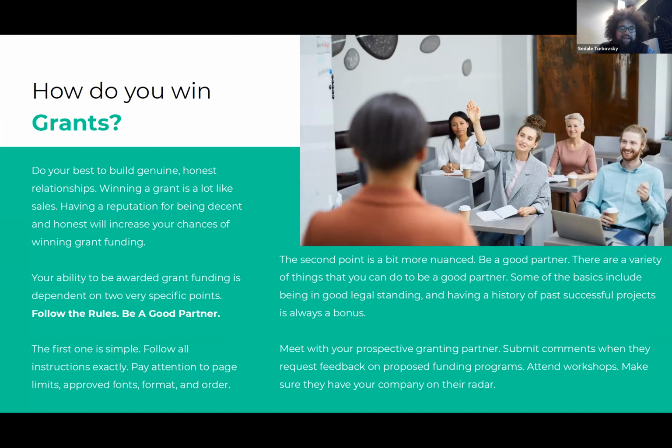And so you want to have a really good relationship with those folks, both at the onset, so they'll be sure to give you a good look and a good chance to be included and funded. But on the back end of receiving a grant, you also want to be a great partner, because it'll open up pathways for you to move forward and get more grant funding.